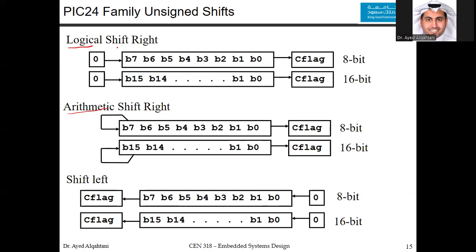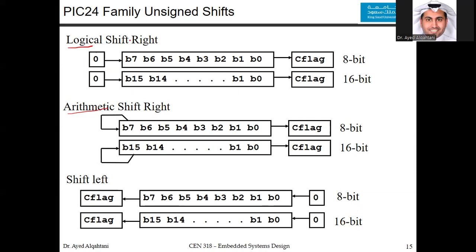Now, the logical shift to the right is different than the arithmetic shift to the right. But for the left, if you are shifting to the left, the logical and arithmetic are going to be the same. To see this better, here's an example.